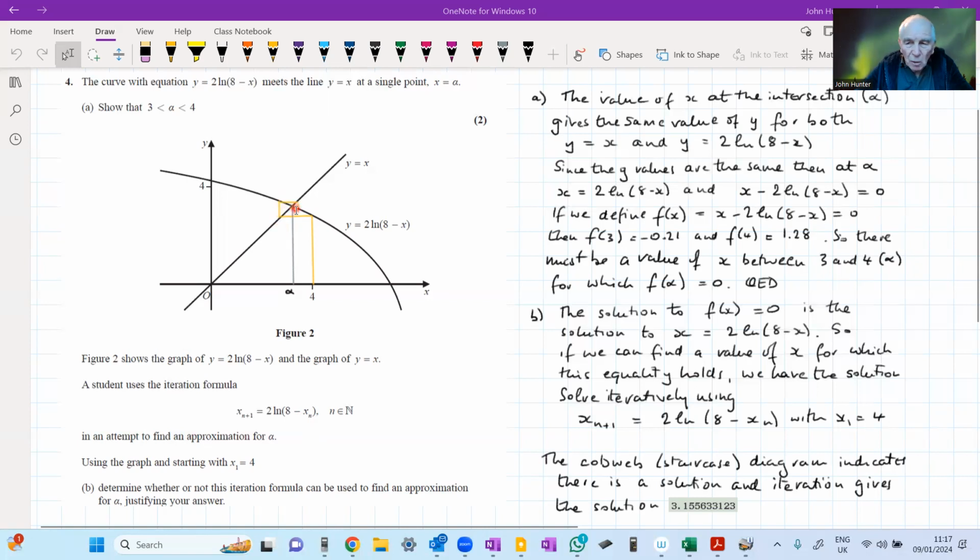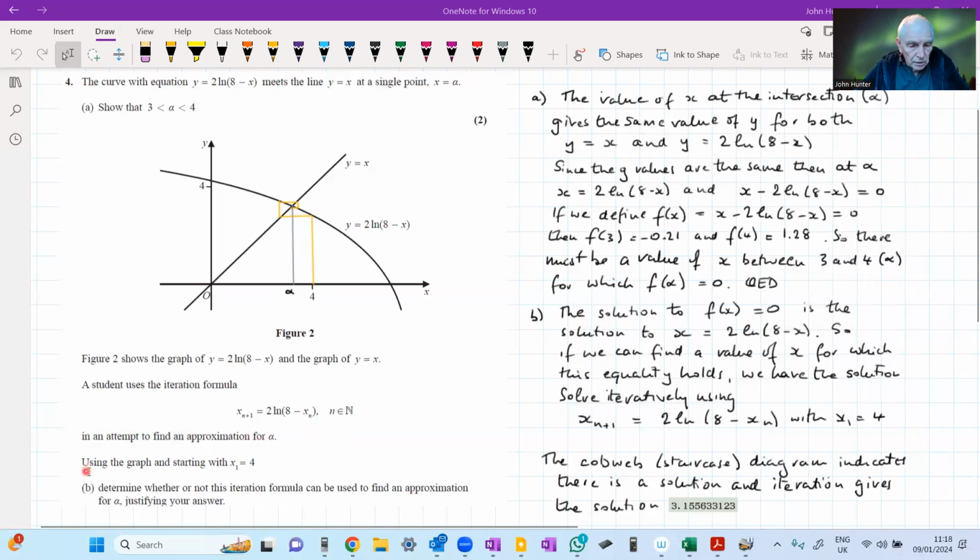This one is really a cobweb because it goes round in a circle. A staircase diagram would go progressively towards the solution. You could get either, so the diagrams are more or less the same. So that is the approach that we use.